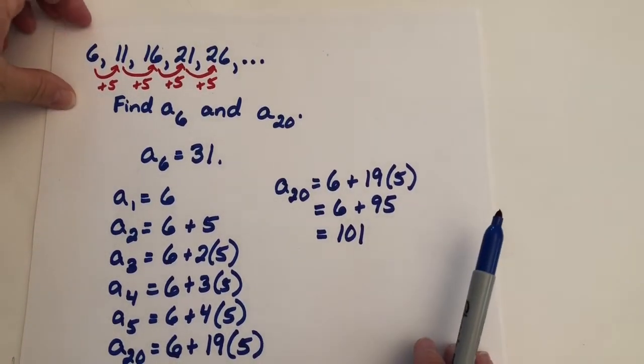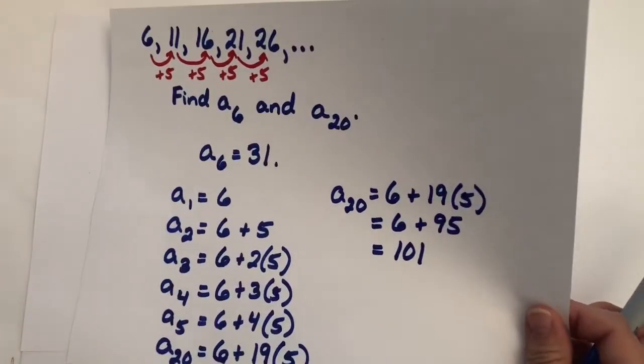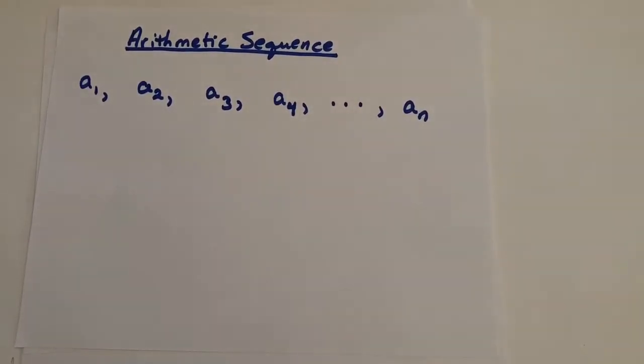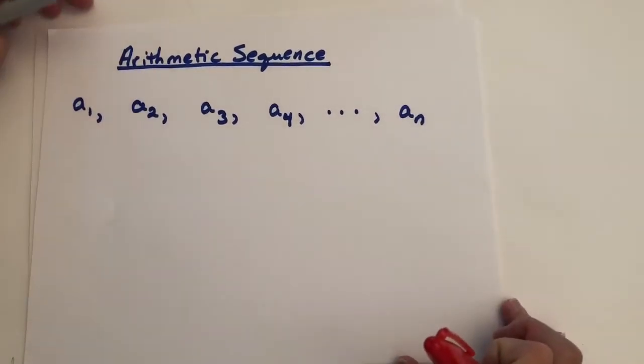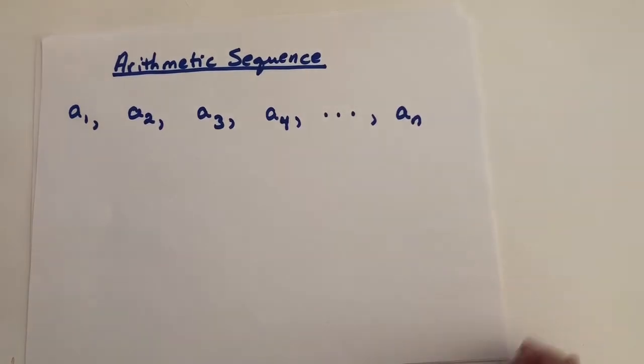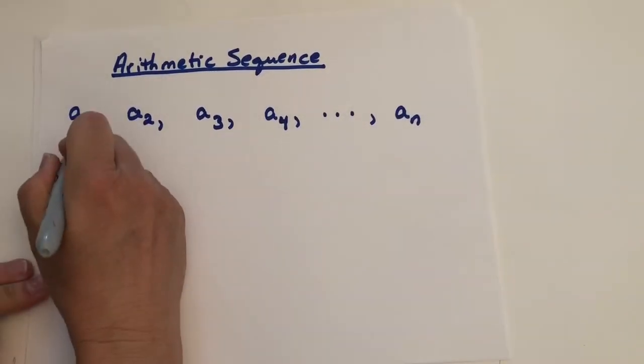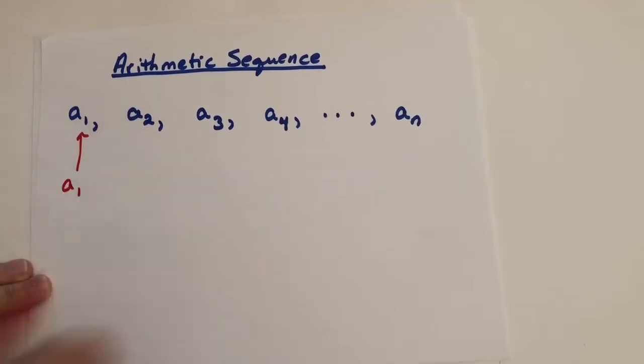So let's look at what that means in general. Let's take this arithmetic sequence. I've just listed terms of a sequence, right? And I'm just saying this one's arithmetic. That means there is a common difference, which is D. So this first term right here will just be a sub 1.